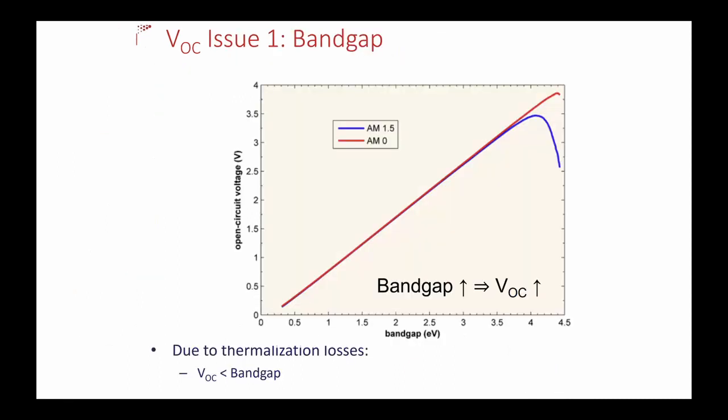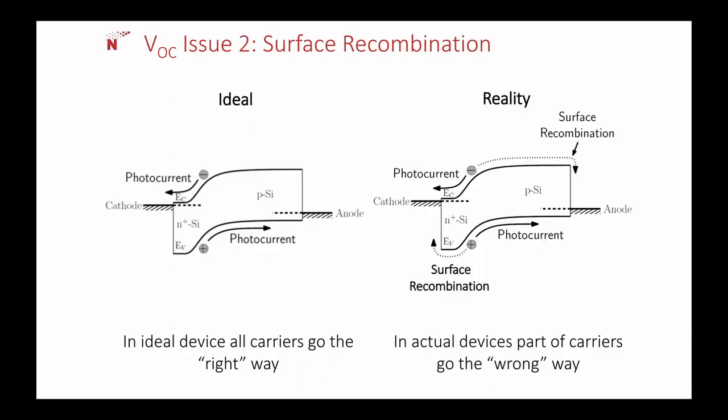So the issue is the band gap, that I have already told. If we increase the band gap, we can increase the VOC, but at the same time we lose the JSC. This is the thing.